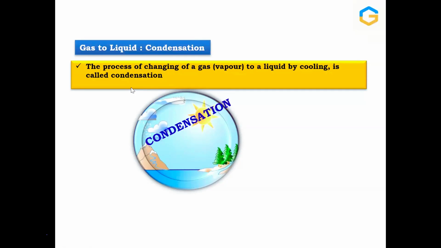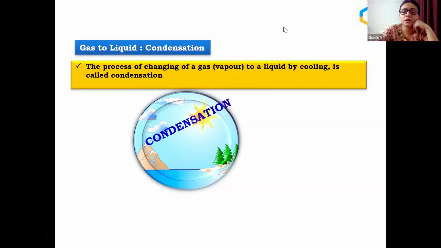Ma'am, when evaporation happens and vapors cool down, they form clouds. Okay. So vapors, like gases, turn into liquid, and that liquid condenses and forms the clouds. That is known as condensation.